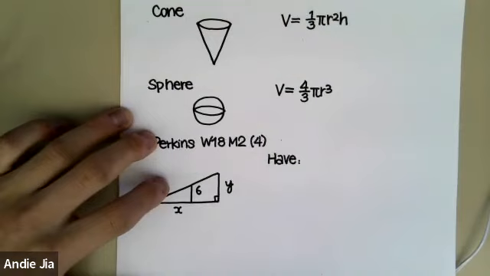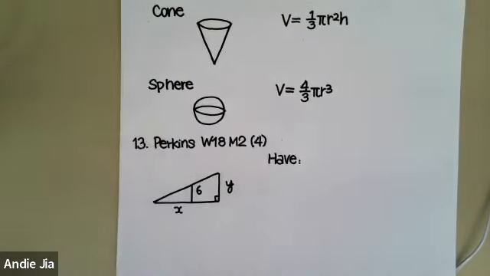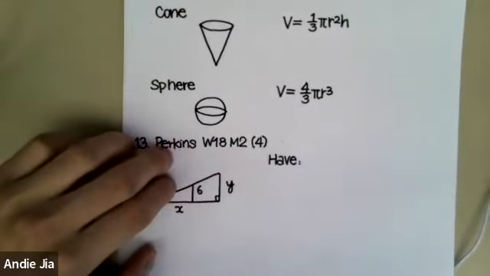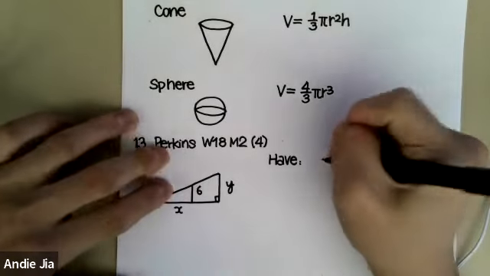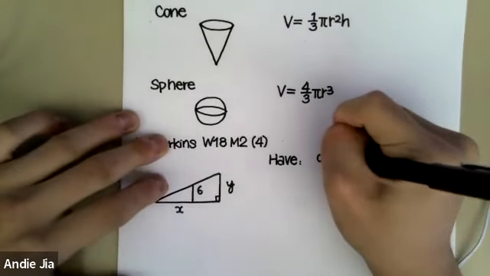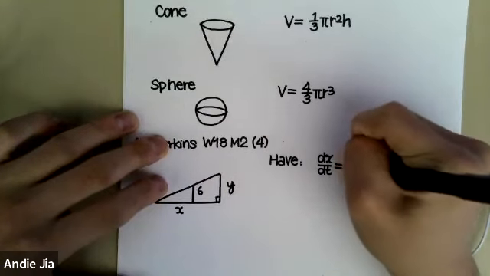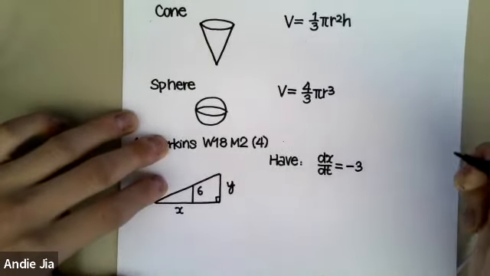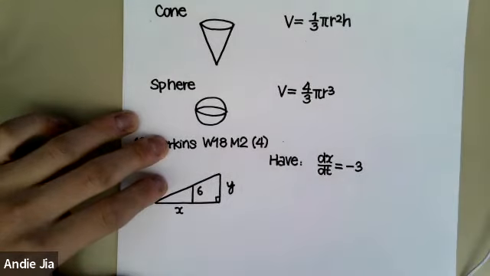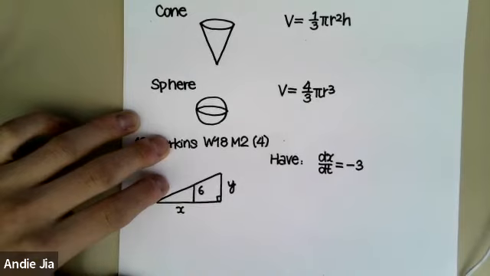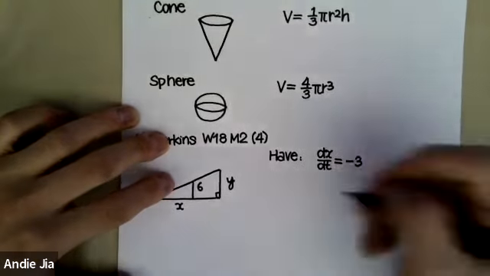It's walking away from the wall, so x is decreasing, so dx/dt is -3. And I want to find dy/dt when x is 18, right?